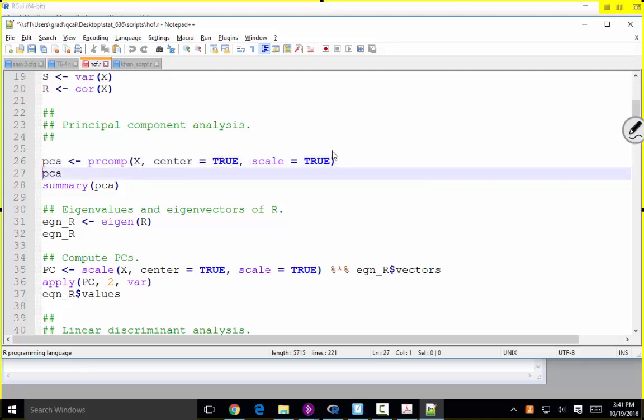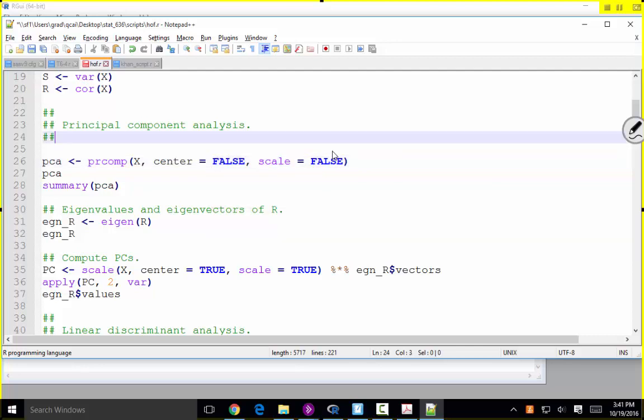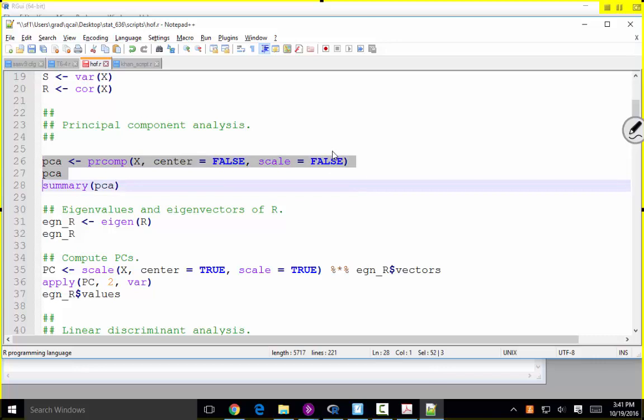Let's see what happens if we don't standardize first. prcomp. Let's print the object that's created, and let's print the summary of the object.